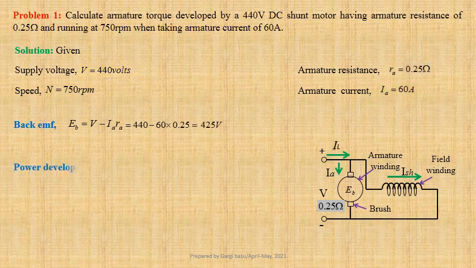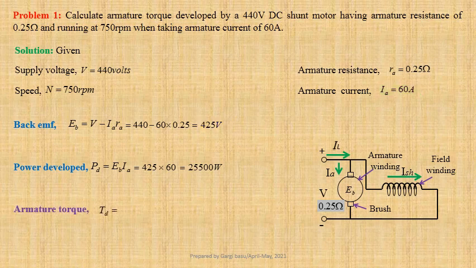Power developed PD equals EB into IA. Using values, we get 425 into 60, that gives us 25,500 watts.